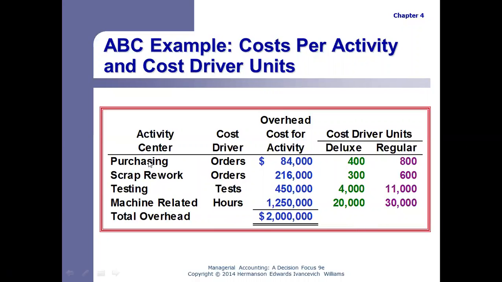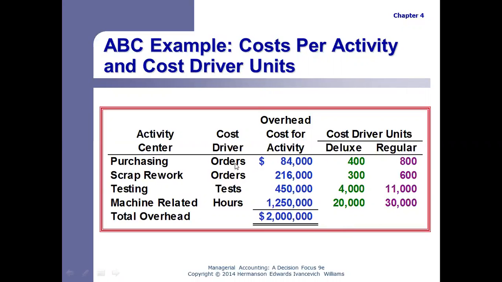For activity-based costing, you split up your overhead into different activities and you use different bases or different cost drivers to spread out the overhead. So we know the overhead costs for each activity here. And this is how we got the total of $2 million in the previous traditional costing example.